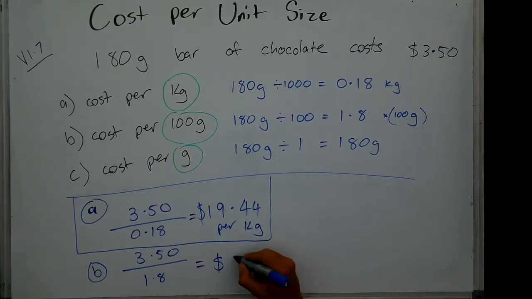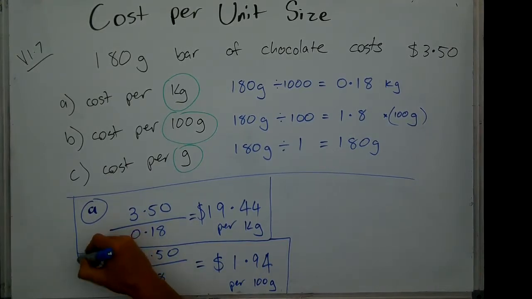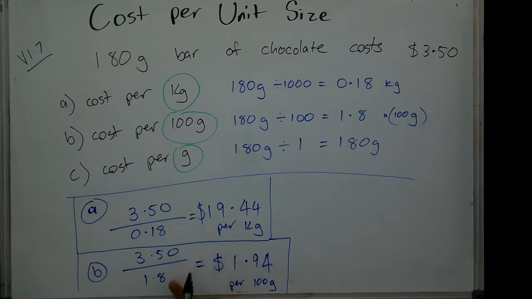So this is going to come out to $1.94 per 100 grams. So 350 divided by 1.8.